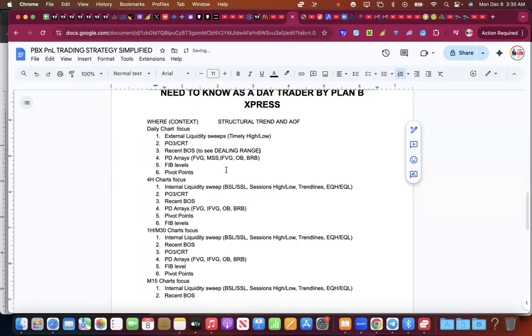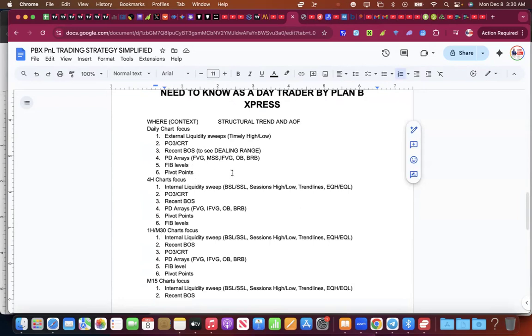Then PDRs, that's the premium and discount, so we probably find any of these in those areas. Then fib levels, of course, to get the dealing range, we use the fib level and pivot point.